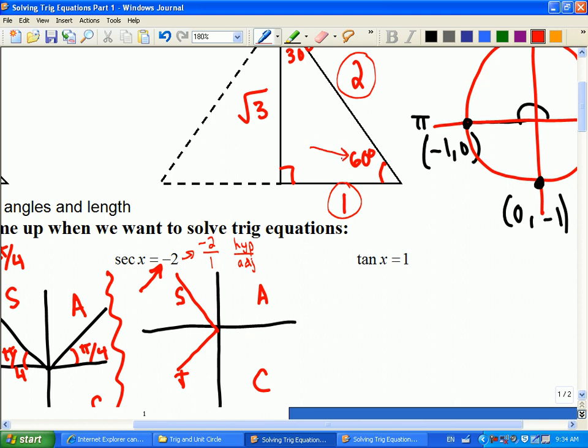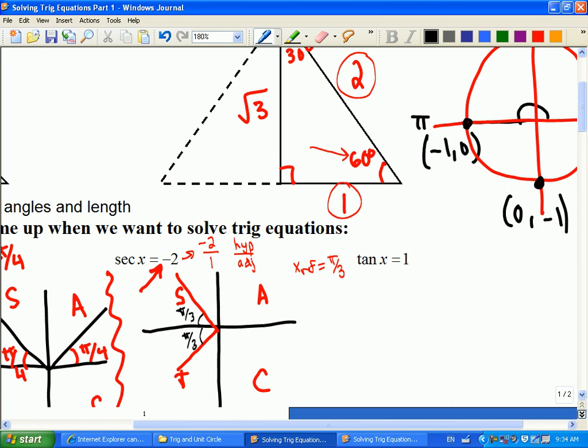That's the angle I'm talking about then, 60 degrees. Okay, so I have my reference, which is pi over 3. So I can then put it into my picture here. Pi over 3, pi over 3.